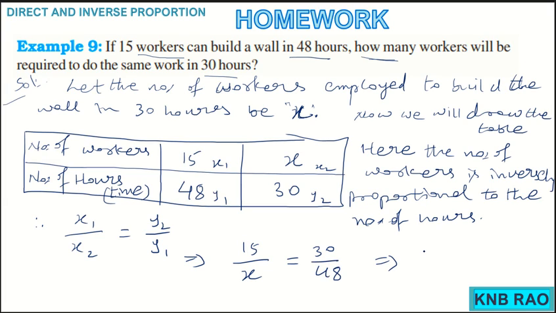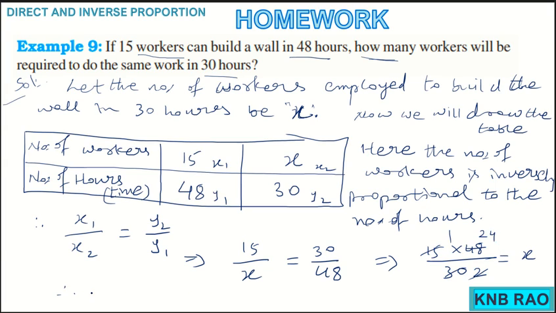It implies 15 into 48 upon 30 gives you the x value, which is nothing but 15 ones are 15, twos are 2, 24s are 48.